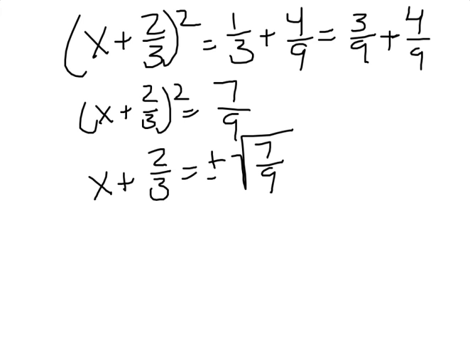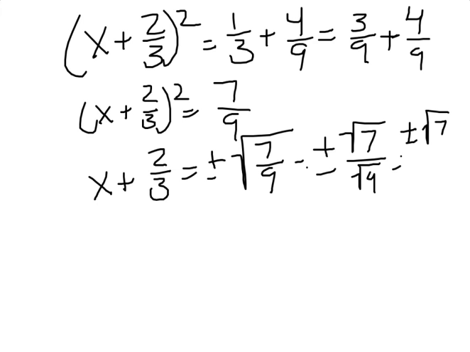I want to simplify that, so I'm going to do plus or minus the radical 7 over radical 9, which then gives me plus or minus radical 7 over 3. So now I have x plus 2/3 equals plus or minus radical 7 over 3.